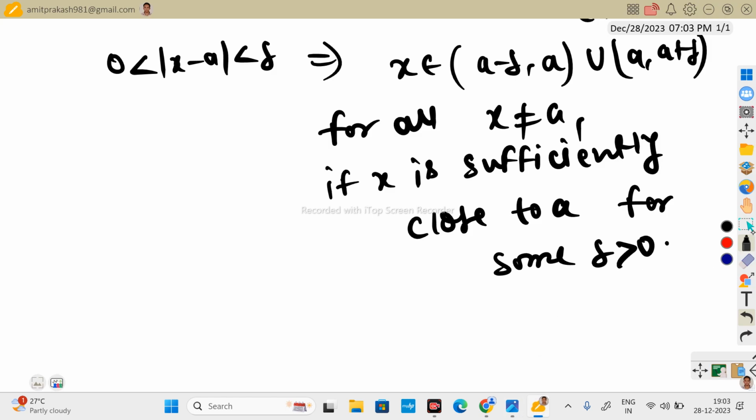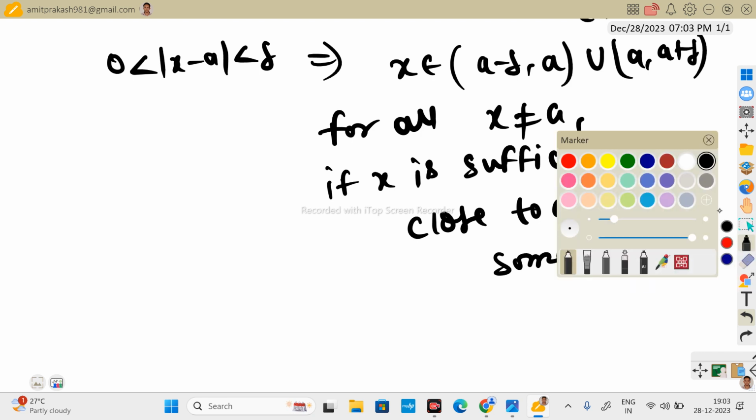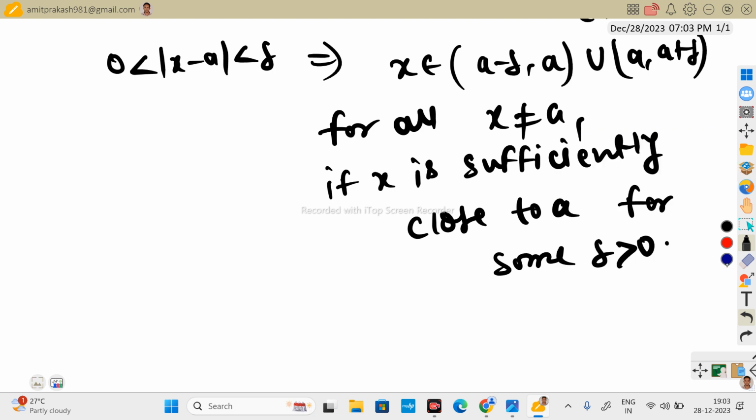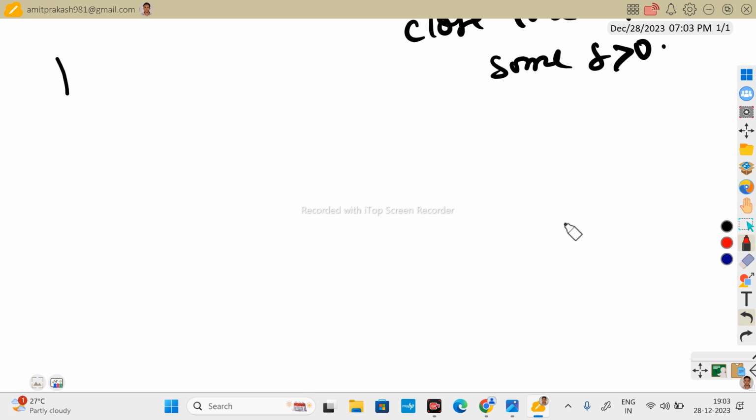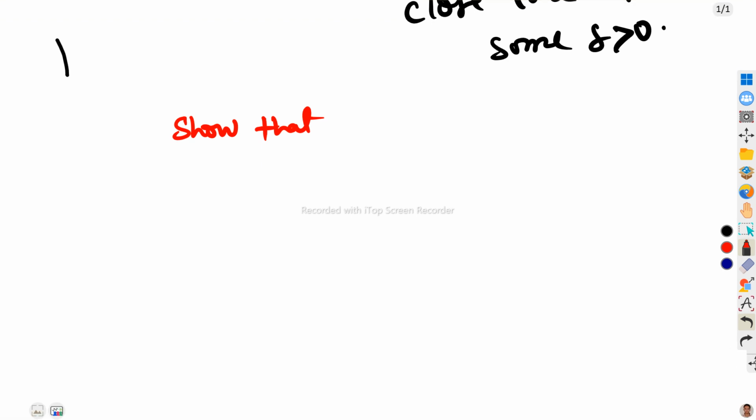Again, we are going to discuss an example to understand this definition. The example is: we have to show that the limit as x tends to 0 of x sin(1/x) equals 0.